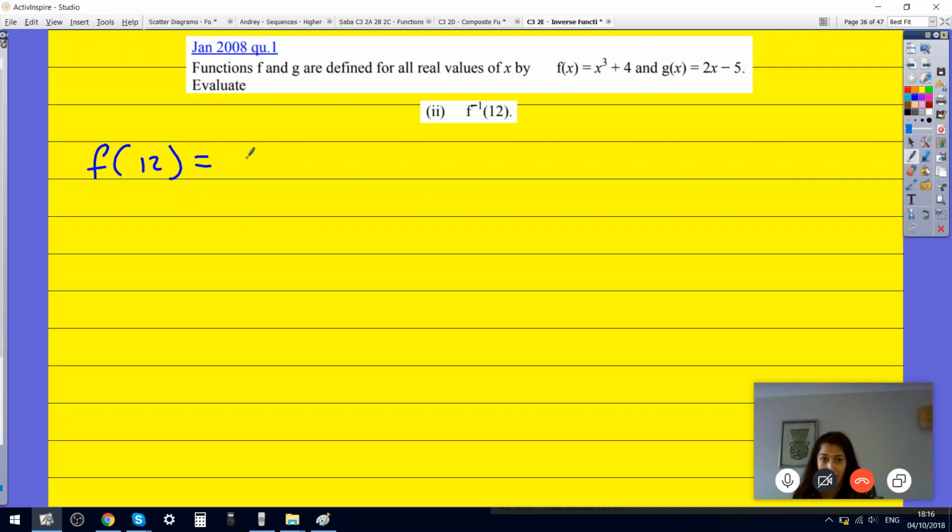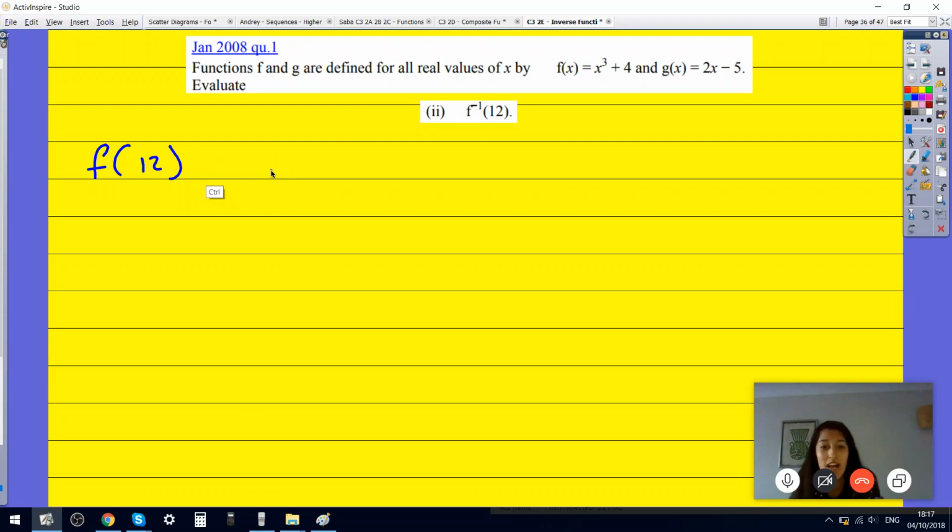So what's f of 12? The 12 cubed plus 4 is... I don't know, something about 1,732. Actually, no, I was thinking of something else. No, you have to do it the long way, sorry. I thought we could take our answer and sub it back. No, it's not going to work.